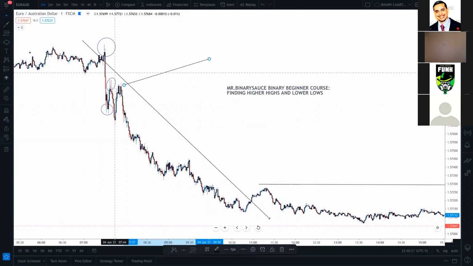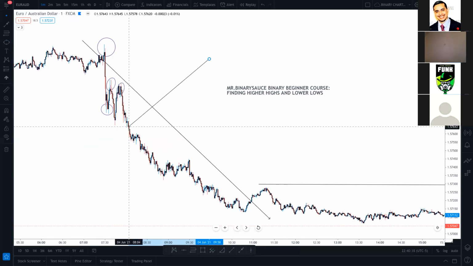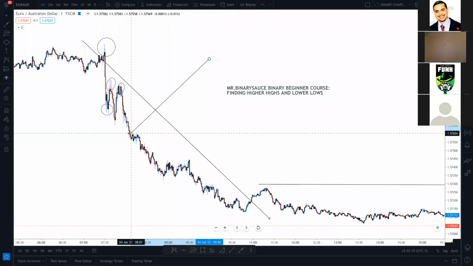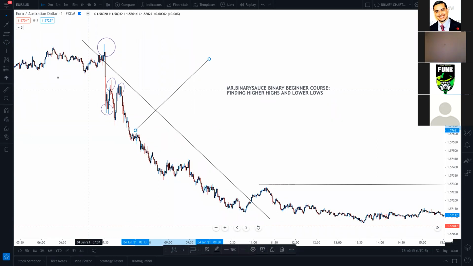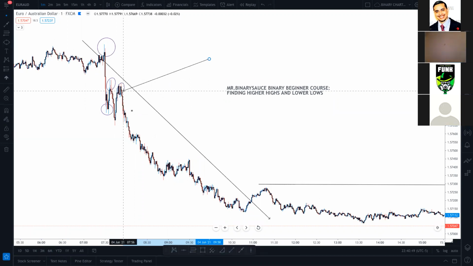So we now know that this is a higher high, because in current price, this is the highest high. It's consolidating here. So then price starts to drop down. We now know that this is now a trending market.